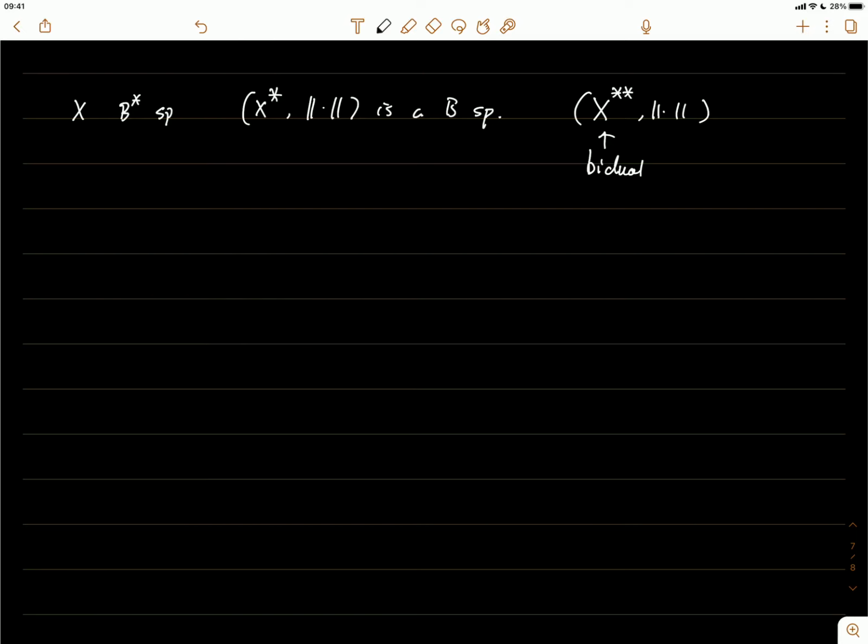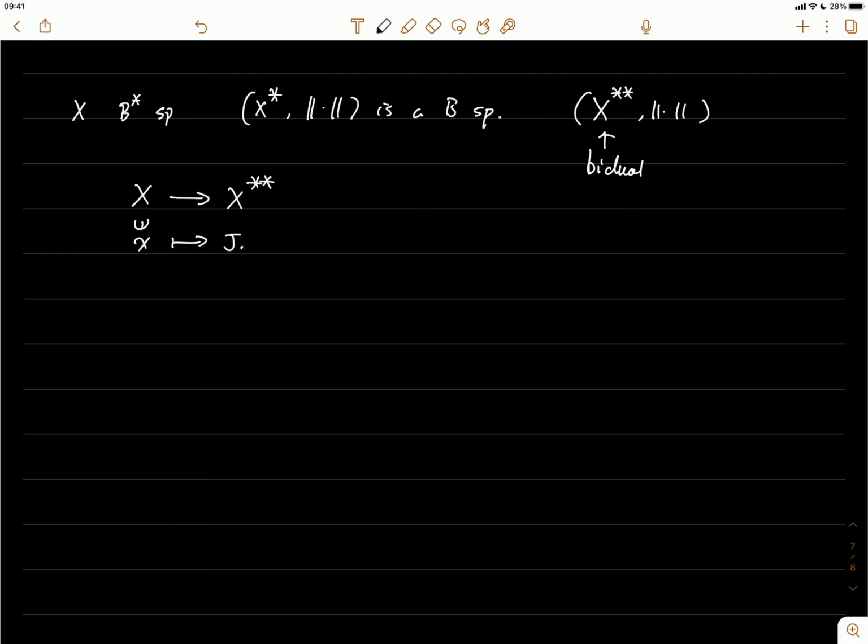So what is the relation between this Bidual and the original X? Well, let's think about a simple mapping between the two. For any point x, we can define a linear functional Jx.